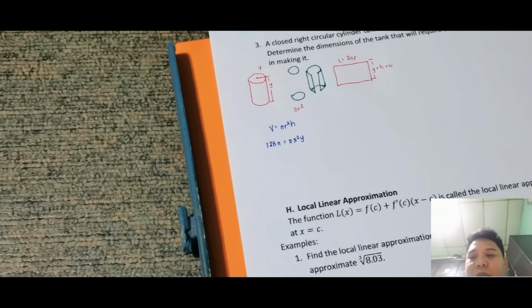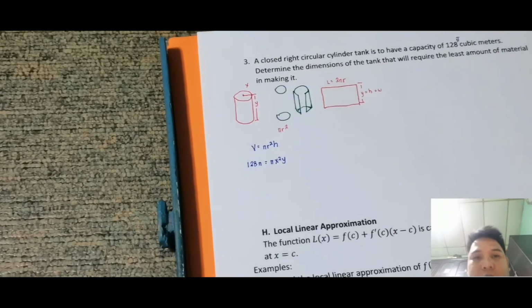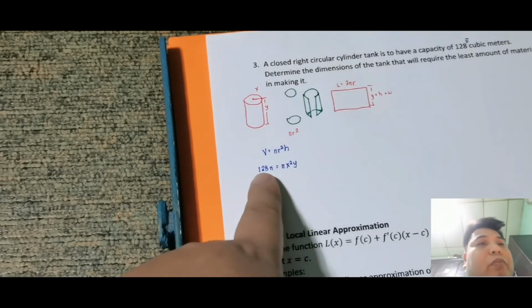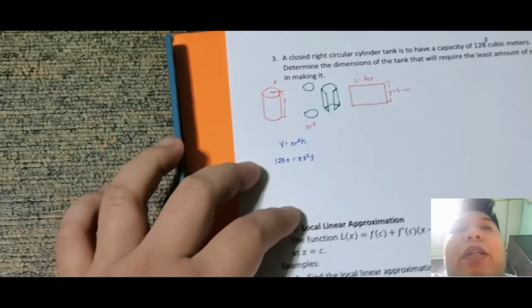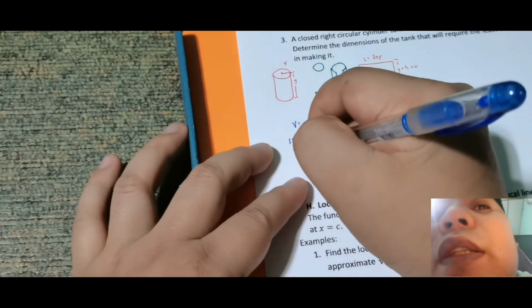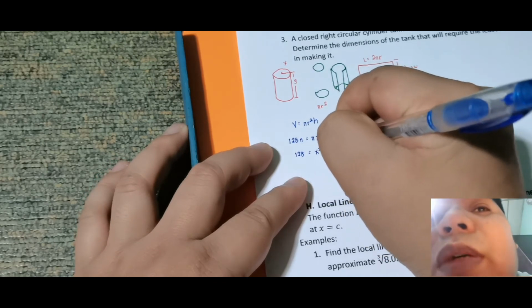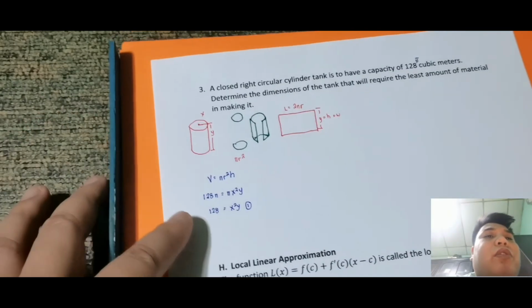Syempre, pwede natin tanggalin na yung pi kasi mawawala din naman yan mamaya, para hindi na masyadong mahirap. So this is 128 equals x squared y. This is equation 1. Ito yung relation na na-form natin.